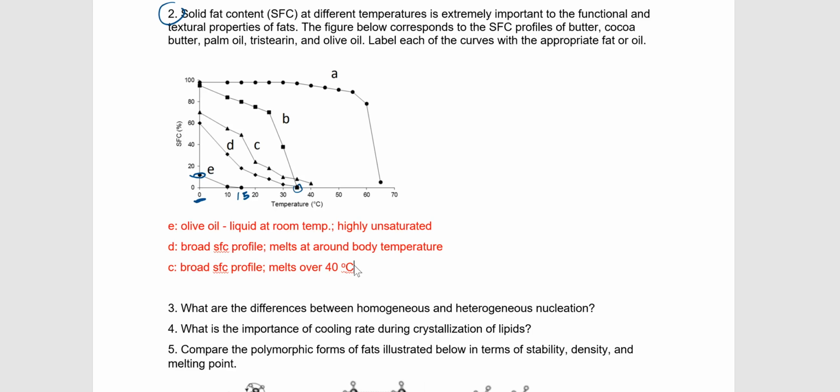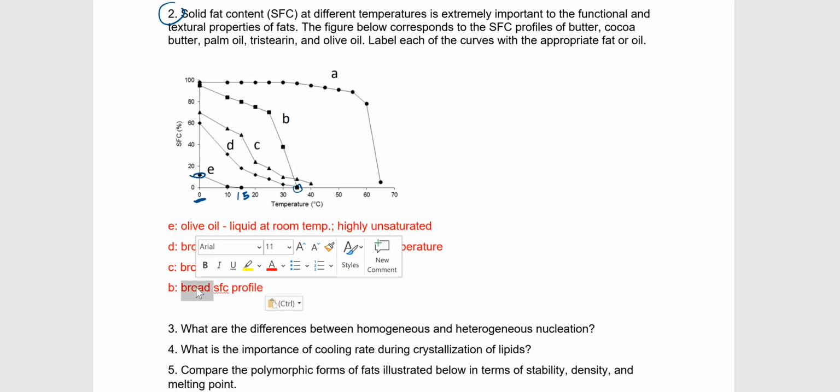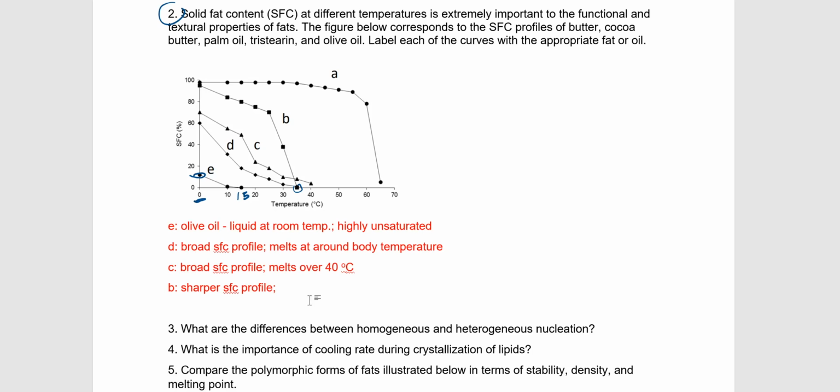So what about B? When we compare with D and C, it has a sharper solid fat content profile. So what about the melting point? It's the same as D. It melts at around body temperature.